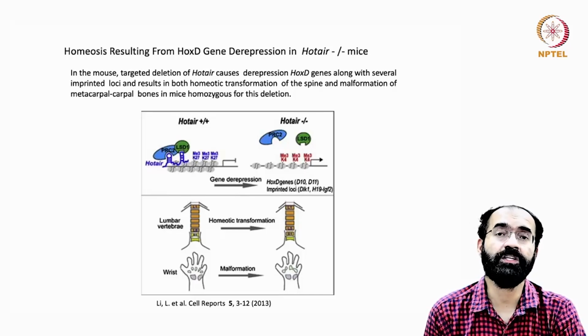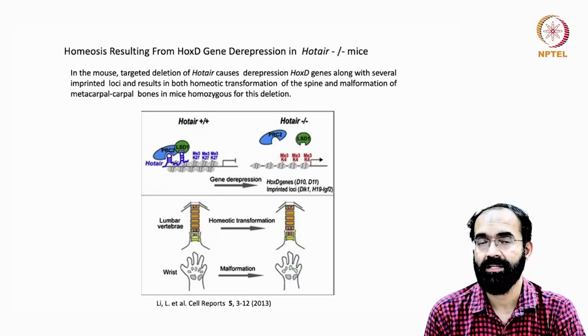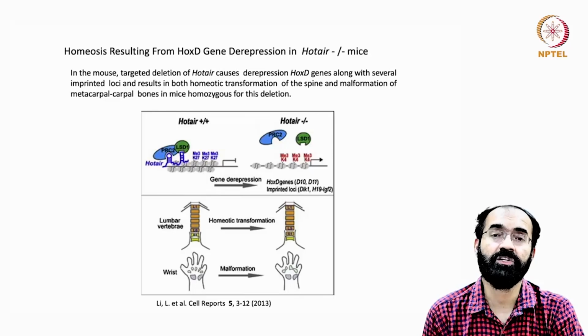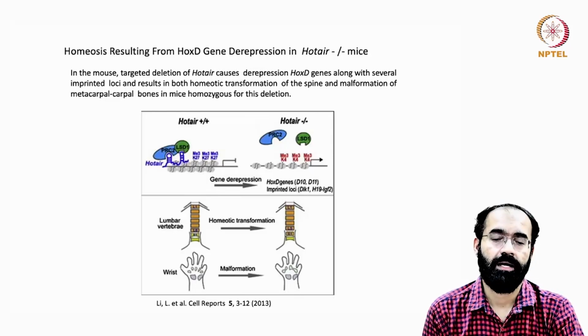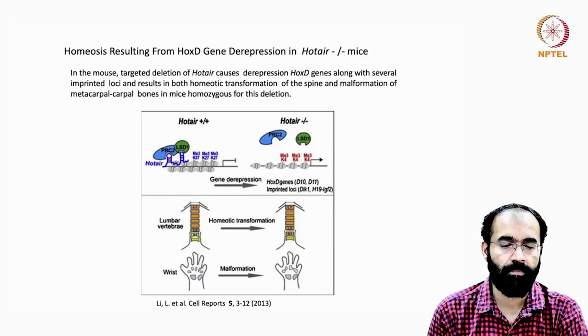Now if you get rid of HOTAIR in a mouse, then naturally the repression will not happen. HOXD will not be repressed. Such a situation is called HOXD derepression. Derepression means absence of repression, meaning expression is allowed.